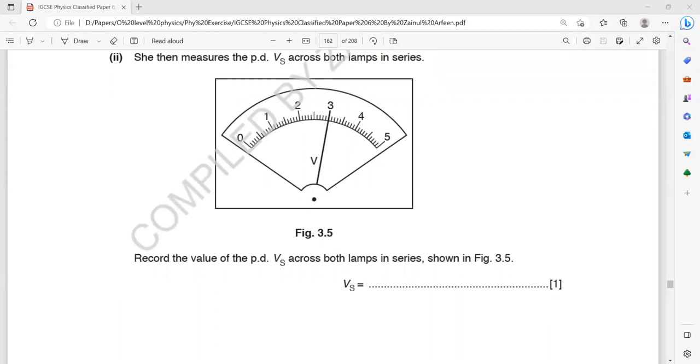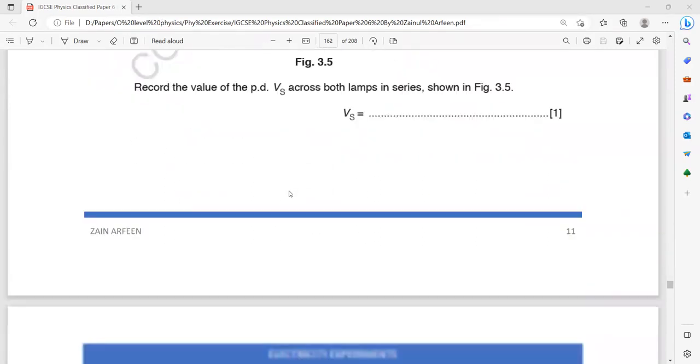You should write 3.0. So it should be 3.0. And the unit is volts. For those who just joined the session, this is question 3 from electricity experiments, classified paper 6.